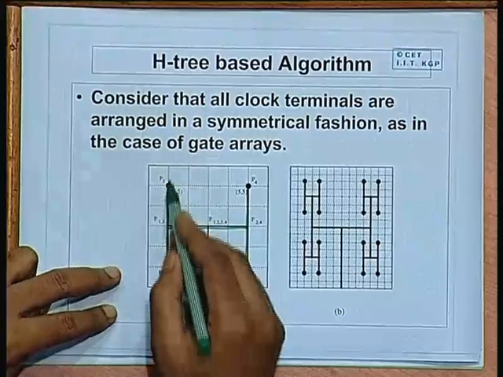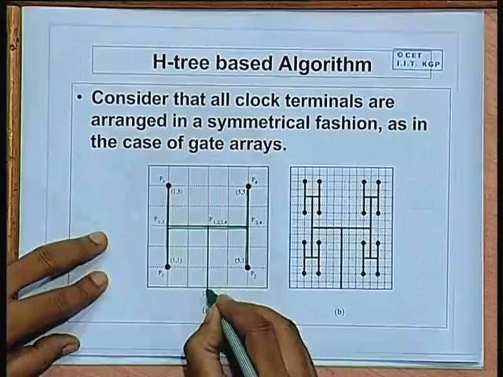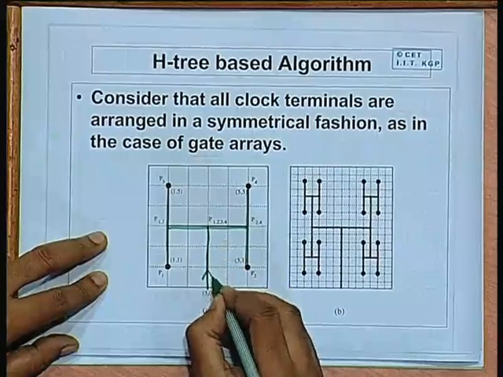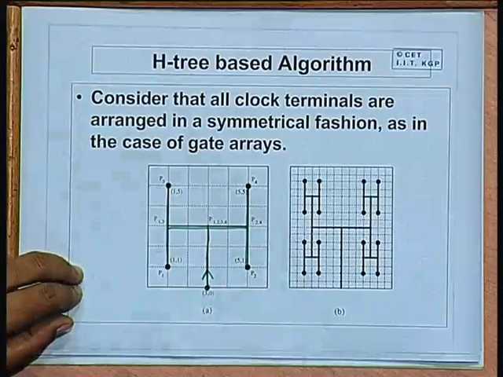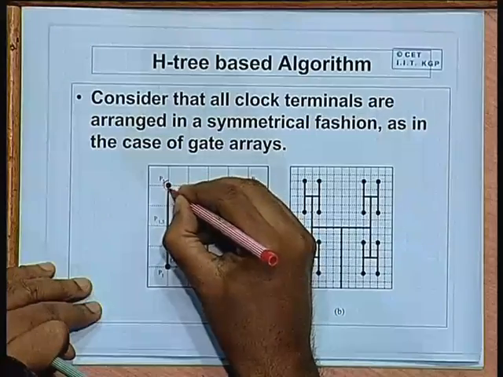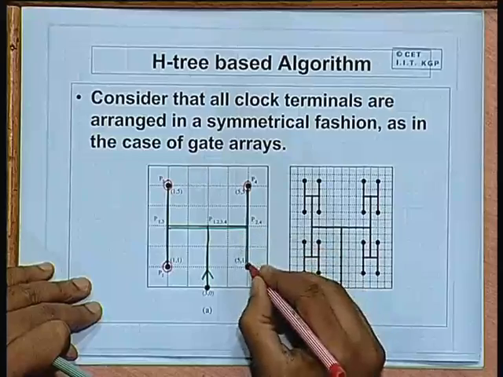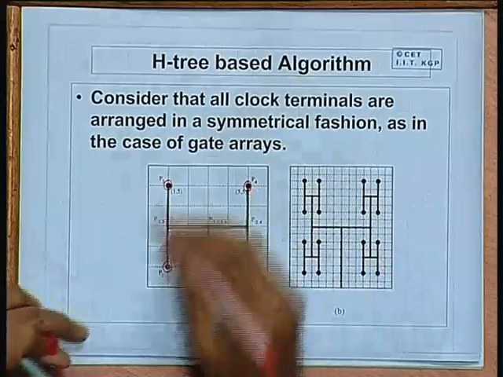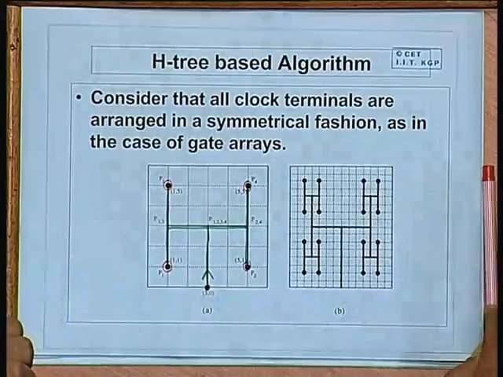Now, you assume that you have an H like this and your clock is being fed to the middle of this H. This is the source of the clock, and these are the 4 points where you are finally producing the clock. These are the destinations, you can say. In the first level of iteration, these are the 4 clock destinations.